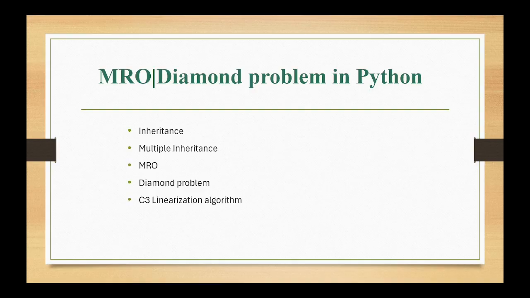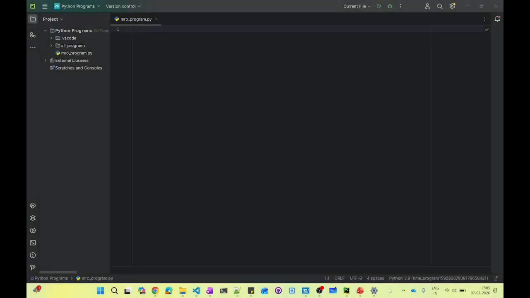So, let's start. Here I have opened VS Code to write simple examples for you for the MRO solution. First, inheritance means that we get things from our parents. For example, I got a home or a car from my parents, and it's a type of single inheritance.